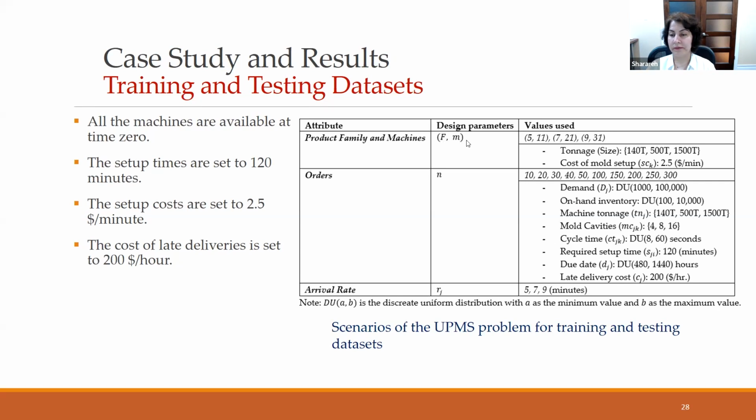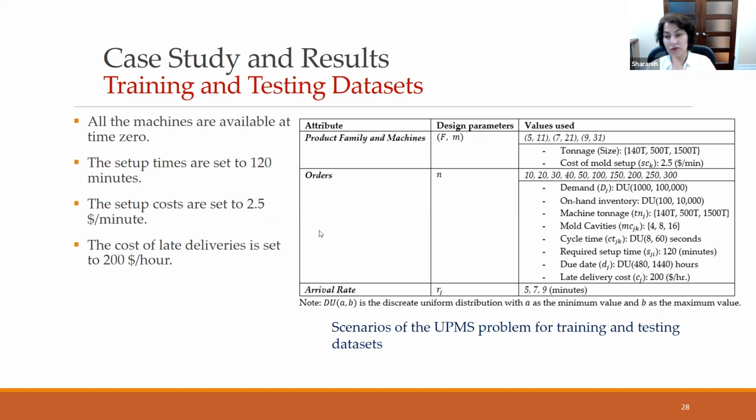So we consider different scenarios, for example, 5 product families with 11 machines, with different tonnage or sizes, setup cost, mold cost, order numbers, and different features or parameters of the environment. We assume the arrival of products is random, following a Poisson process with these rates.